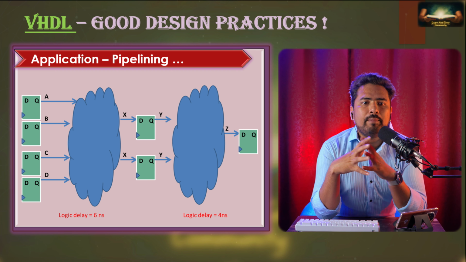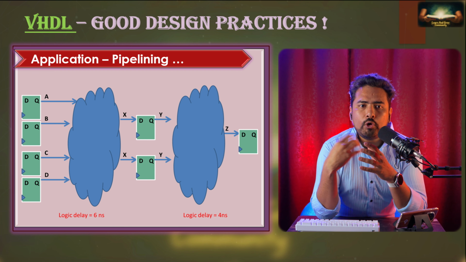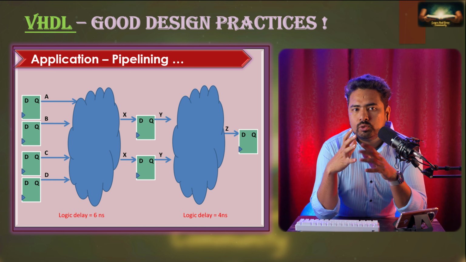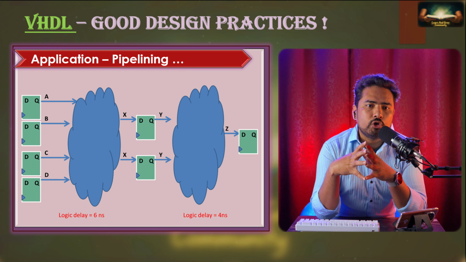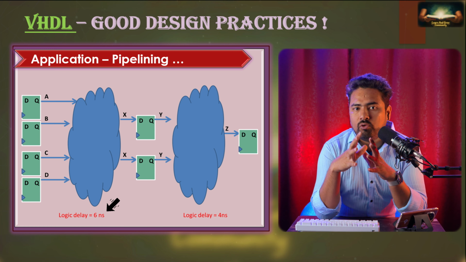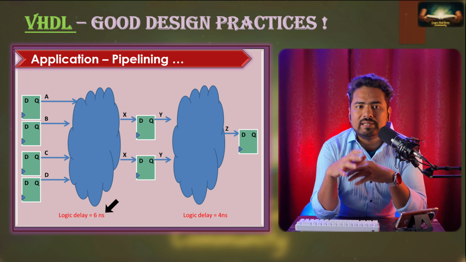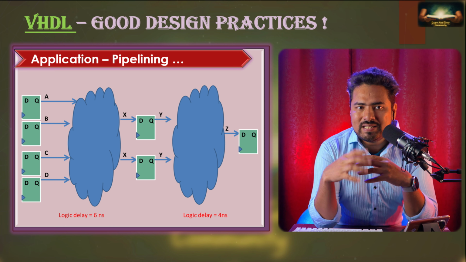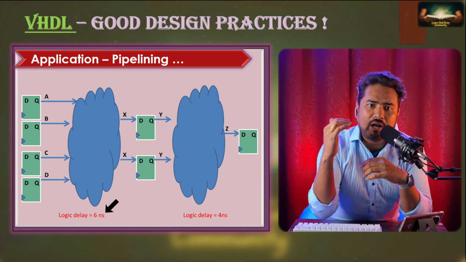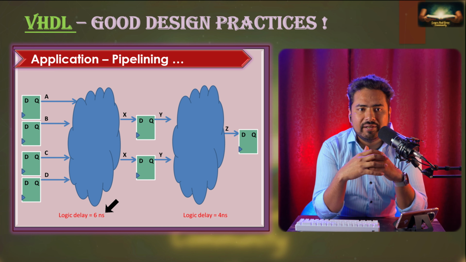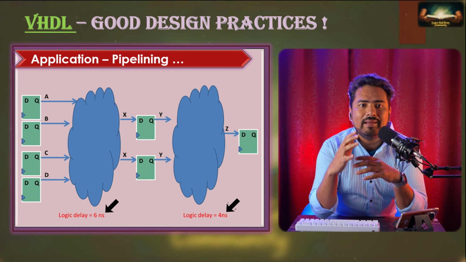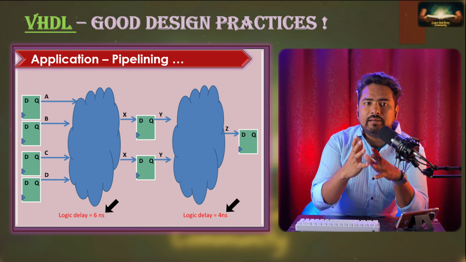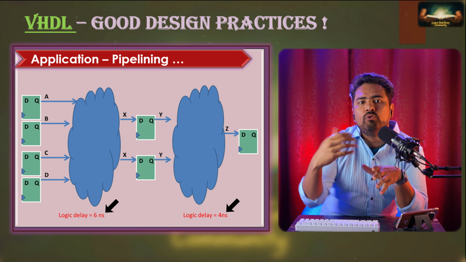This we call the pipelining concept, and your propagation delay is now reduced for each individual segment. In this case, your highest propagation delay is 6 nanoseconds for one segment, and now this can drive a higher operating frequency. It means the highest delay is reduced from 10 nanoseconds to 6 nanoseconds. Although the total delay is still 10 nanoseconds, the segment delay is split into 6 nanoseconds and 4 nanoseconds.